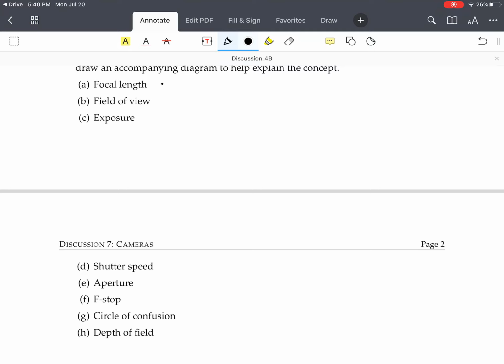The focal length is the distance between the center of the lens and the point at which, if parallel rays come into this lens, they're going to get diverted to a certain point, the point at which rays coming from infinity, so parallel rays, are brought into focus where they intersect. That's the second point.